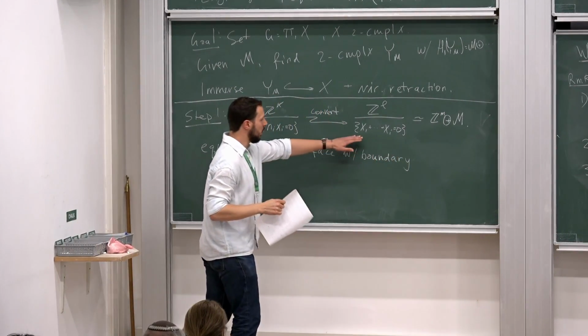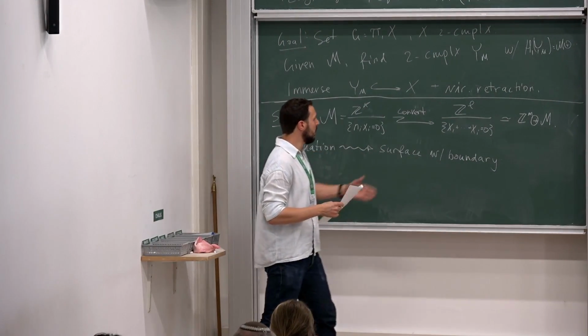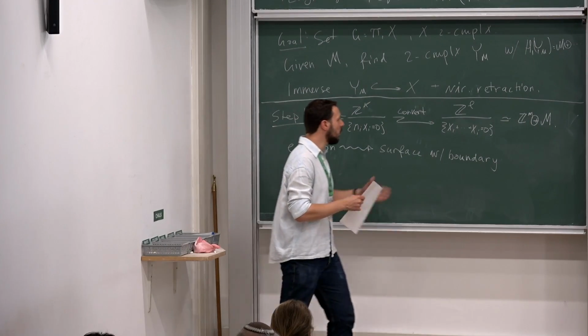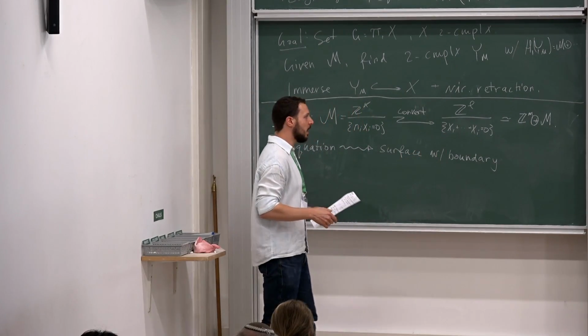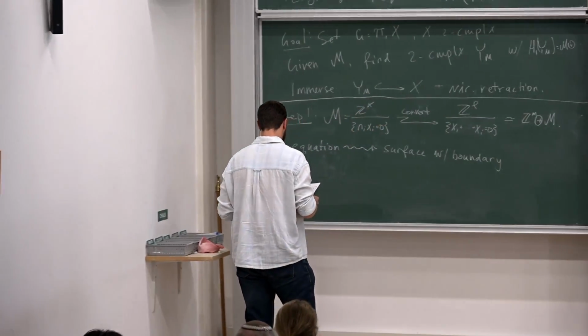Each variable will correspond to a boundary component of that surface. Then the system of equations, by looking at which variables appear in which equations, tells us how to glue these surfaces together and get a 2 complex with this first homology.